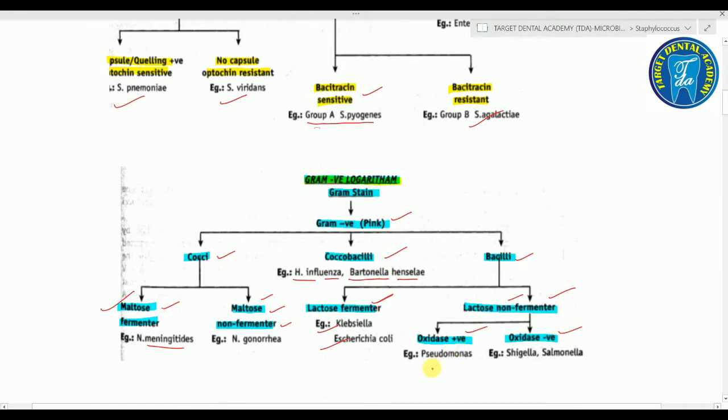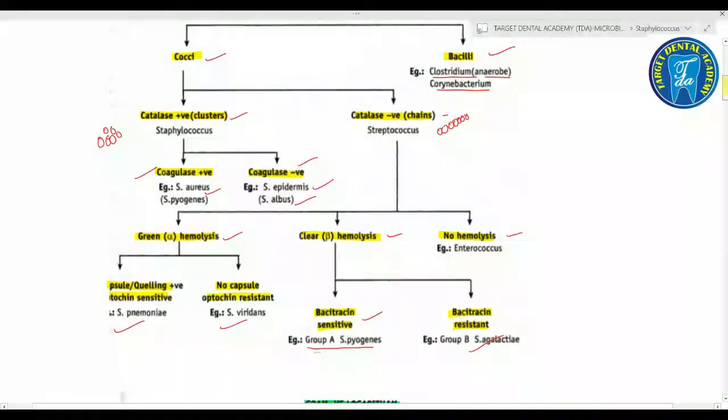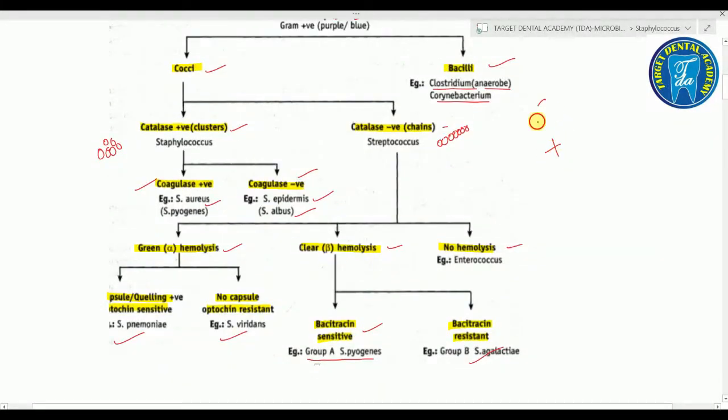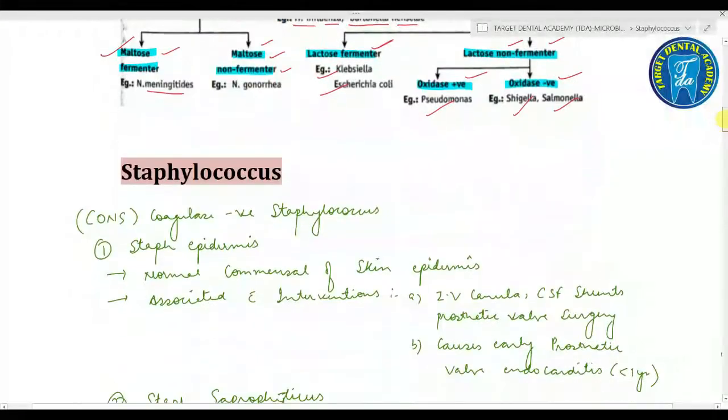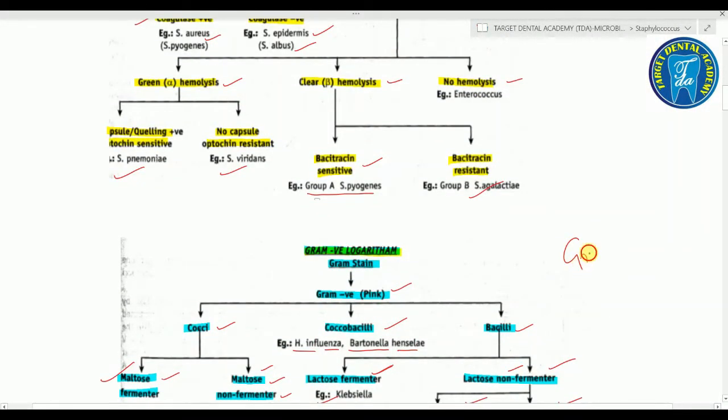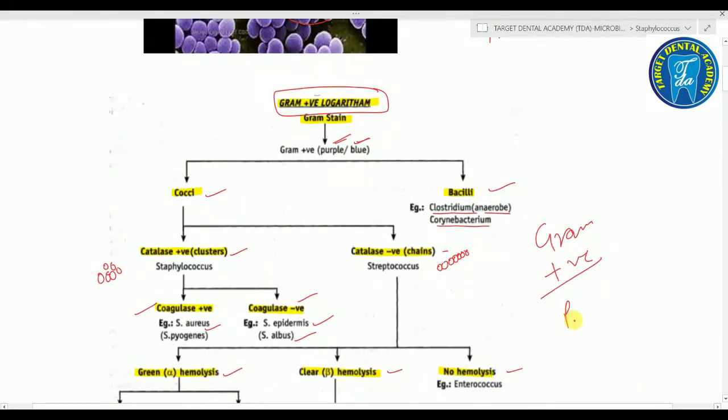The example of oxidase positive is Pseudomonas, while the examples of oxidase negative are Shigella and Salmonella. So this is all about gram-positive and gram-negative: they give pink color and purple or blue color respectively.